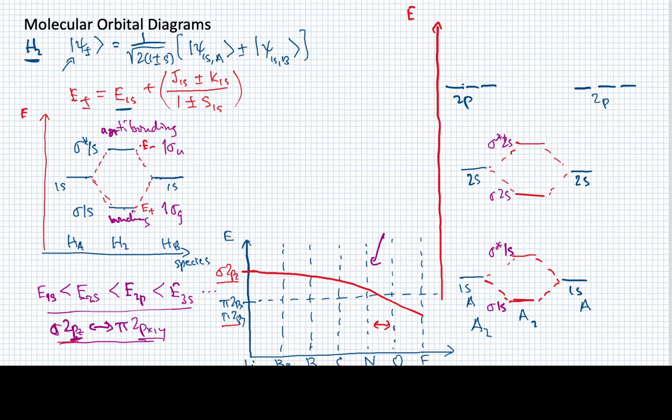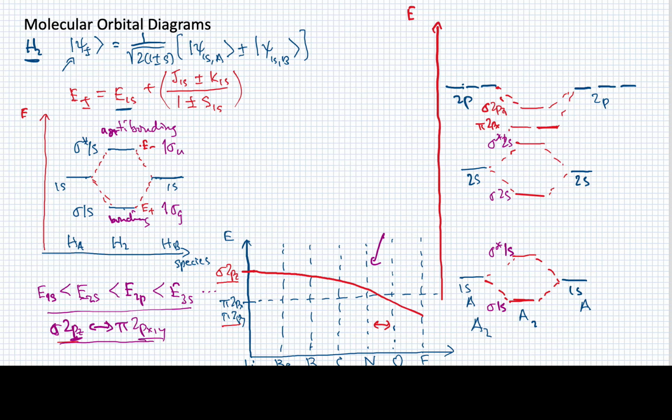But if I'm below nitrogen, and let me draw that one preferentially, then my pi orbitals, so this is the pi 2px and 2py, are going to be lower in energy than the sigma orbital for the 2pz. So my parentage is indicated like this.